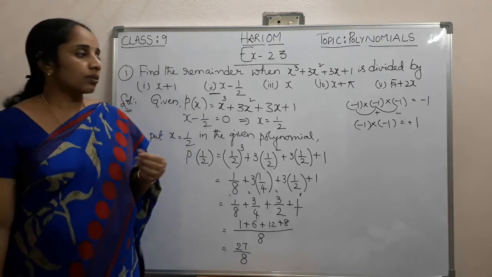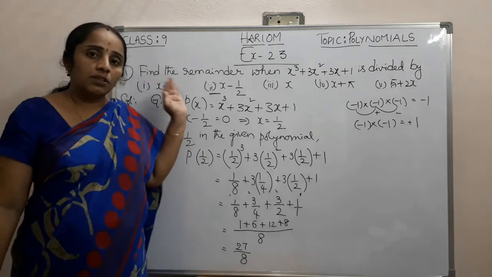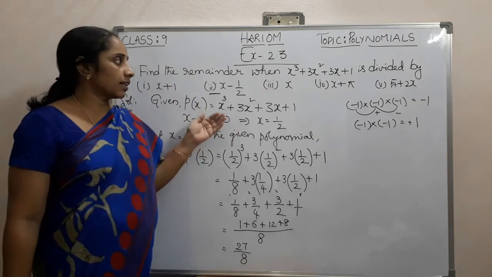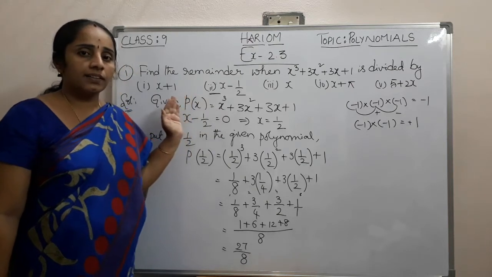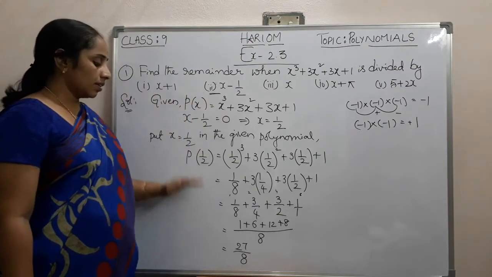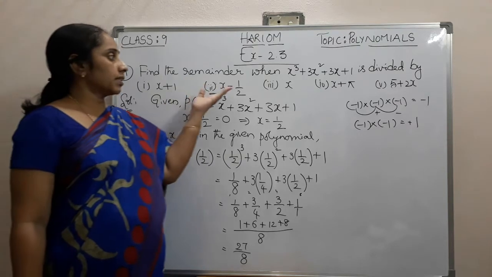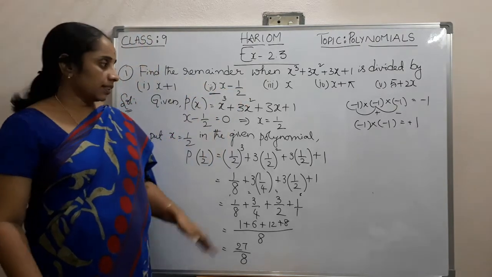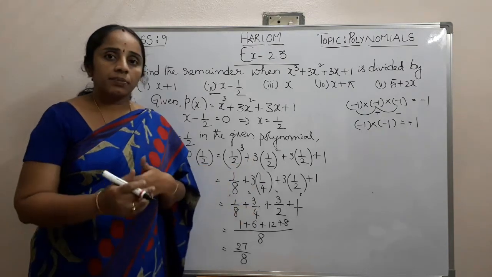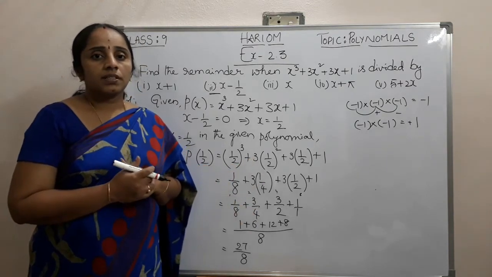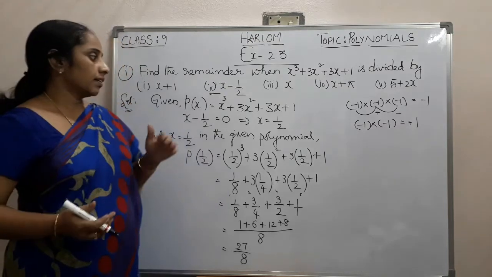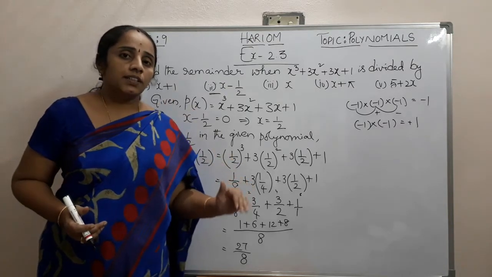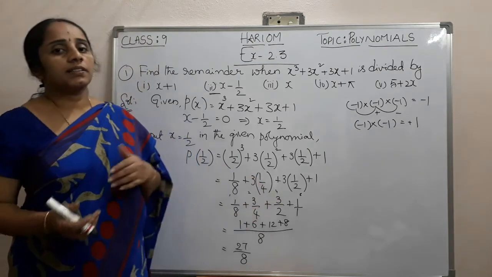So to avoid some confusion and difficulty, we use the remainder theorem. Okay, understood? Here in this problem itself we have 1 by 2 in the divisor. While simplifying this type of fractions we can also feel some difficulty, so the remainder theorem is easy to apply in such cases.